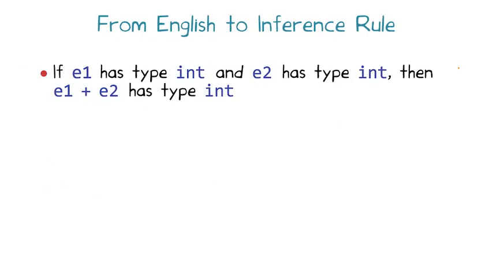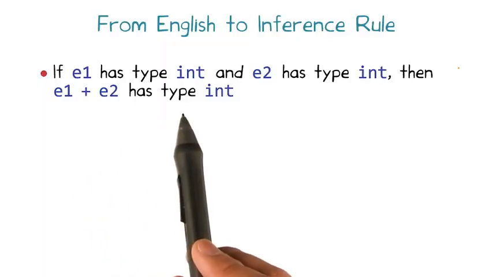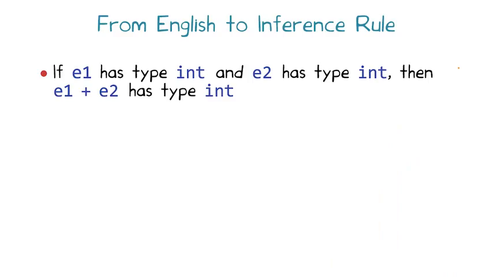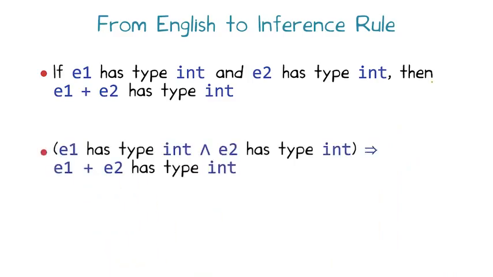Let's see how we can express the following English sentence in our notation for rules of inference. If E1 has type int and E2 has type int, then E1 plus E2 has type int. First, we can group the first two type declarations together with an inverted V to represent their conjunction by the logical AND.